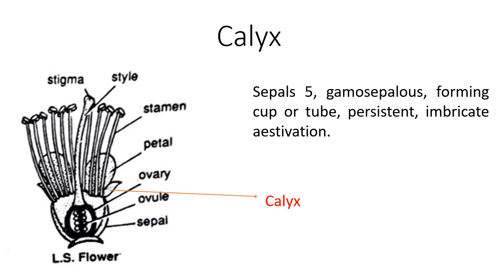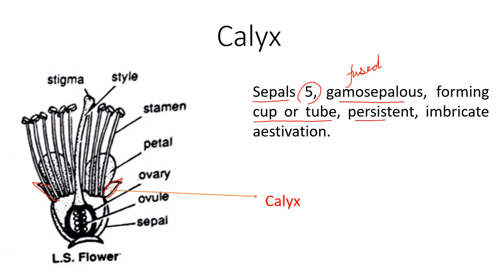In this slide, let us learn about the calyx. Members of the calyx are called sepals. They are 5 in number. Here you can see the sepal, and here the lobe of the sepal. It is gamosepalous in nature. Why gamosepalous? Because the sepals are fused, forming a cup or tube at the base.